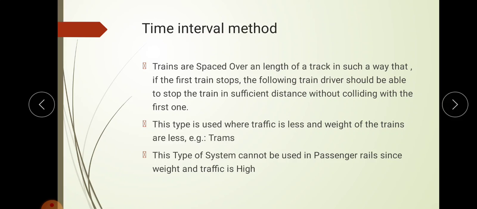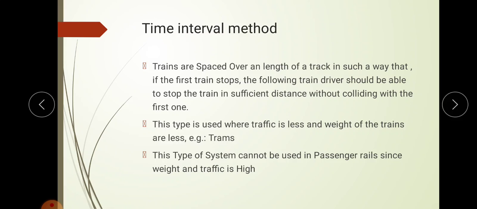That is, there should be sufficient time between trains moving in the same direction on the same track, such that there is no collision between them. Trains are spaced over a length of a track in such a way that if the first train stops, the following train driver can stop in sufficient distance without colliding with the first one. This type is used where traffic is less and weight of the trains is less, for example trams.